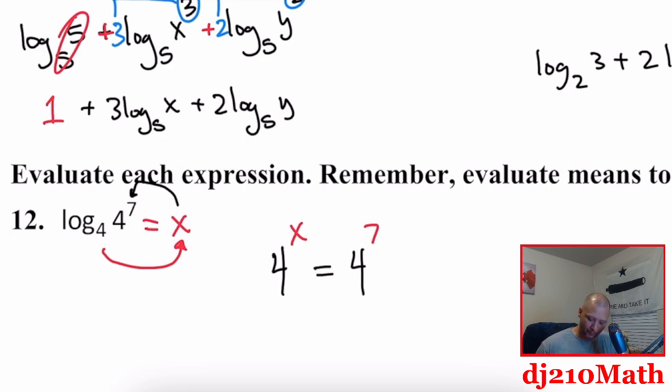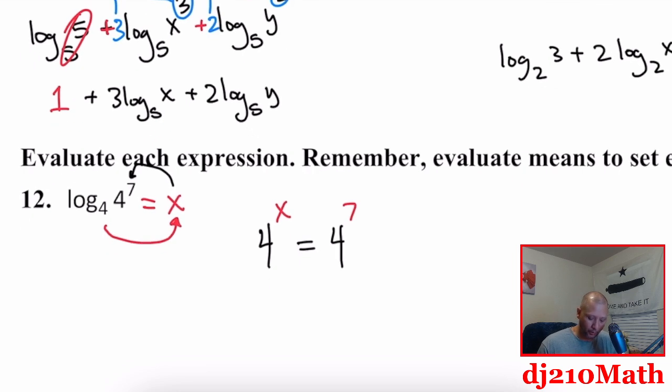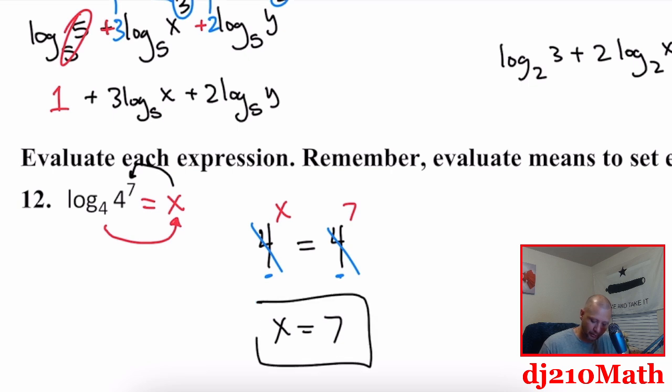What I teach mostly is that once the bases match, and right now they match, you kind of disregard them. You don't necessarily cancel them out, but most people say that you can. The point is that the exponents equal each other. That's what really matters. And at this point, x is equal to 7. So that would be the final answer. That's what this logarithm is equal to.